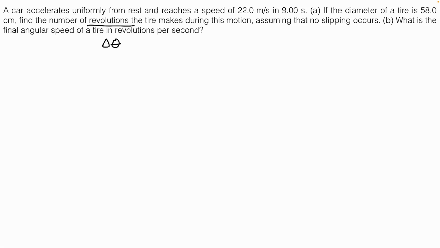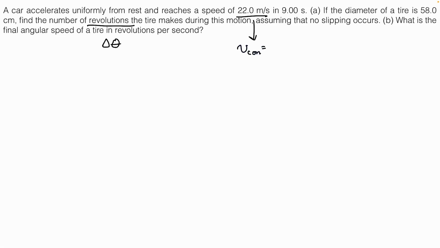So this 22 meters per second right here, how do we relate that to our angular terms? It's a speed, but it's a very special speed. It's the center of mass speed of a wheel.